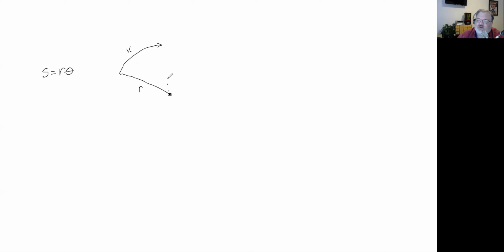But as it goes through this arc, the angle here is going to change over time. So we're going to imagine dividing both of these by time. So say this again was in inches, or say feet. Feet divided by seconds would be feet per second. Feet per second is a velocity, a linear velocity along that arc.